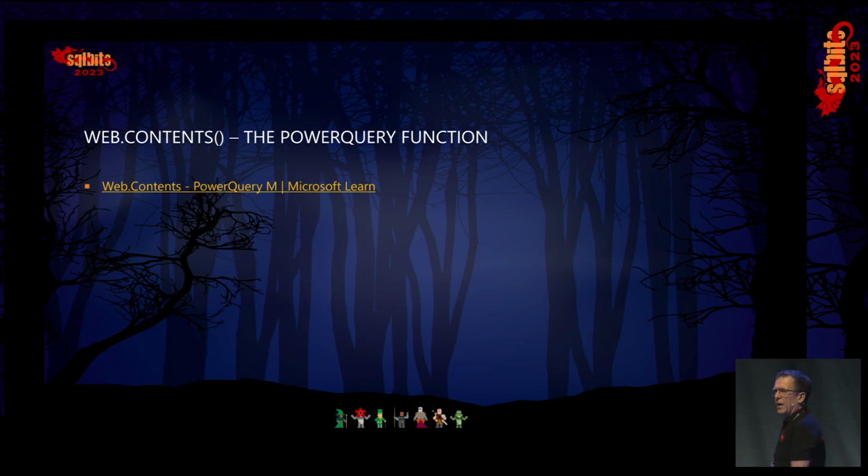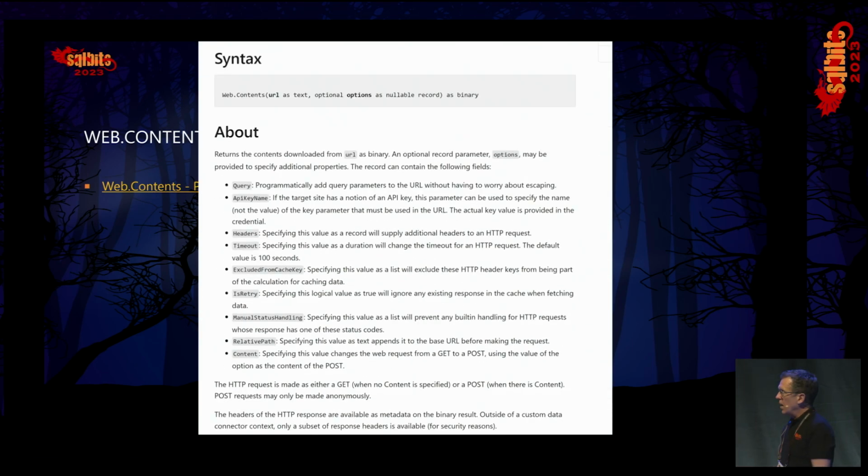But if we have a look at the documentation, how do we get data out of the web? We have a function called Web.Contents, and it has some arguments. It has two.